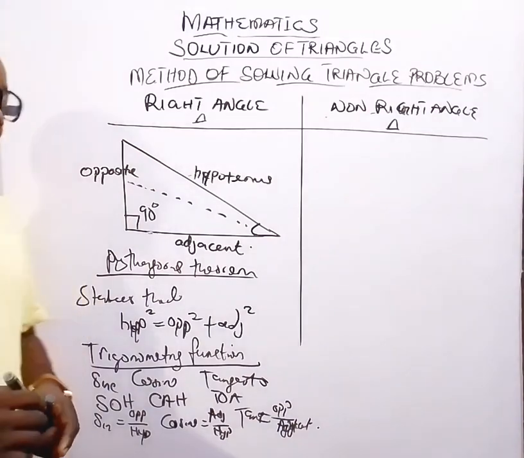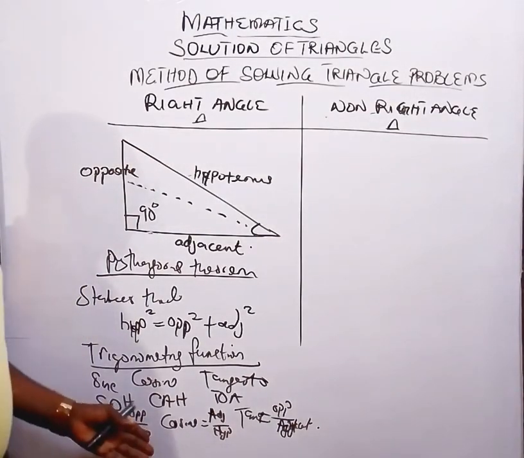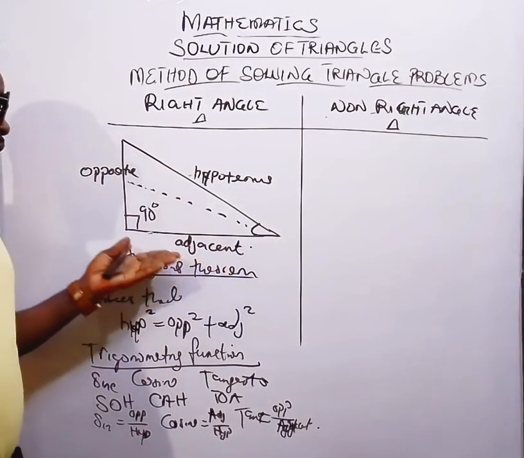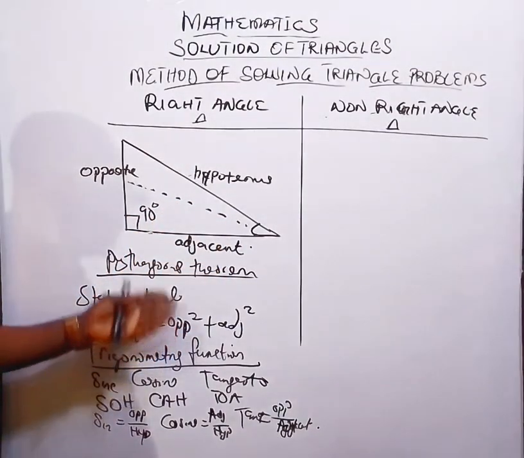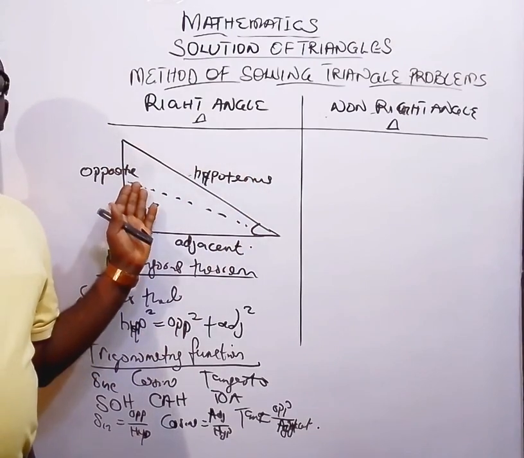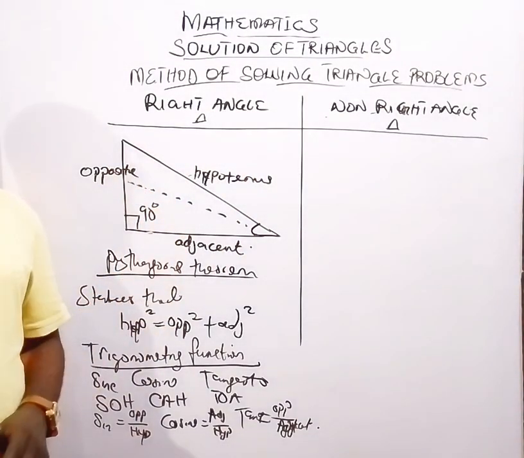These trigonometric functions can be used to find the value of either the sides or the angles, while Pythagoras theorem can be used to find the size of the right angle triangle.